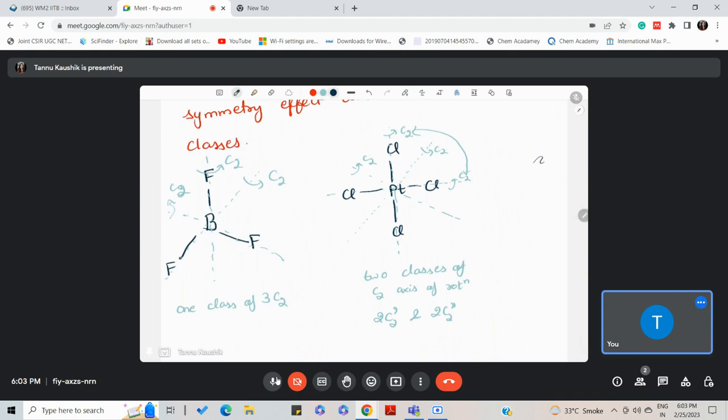And if we take an example of this, then it has 5 C2 axes passing through each of the carbon atoms and bisecting the opposite edge to it.